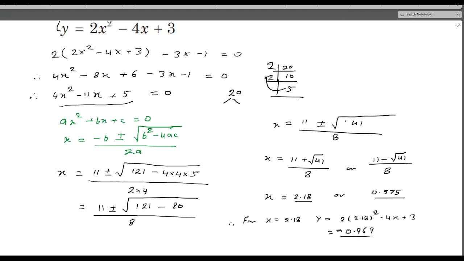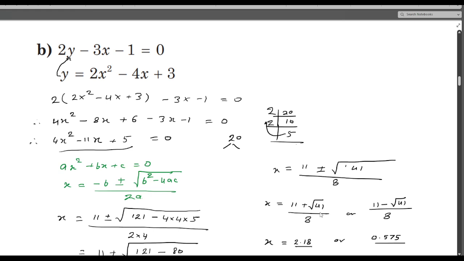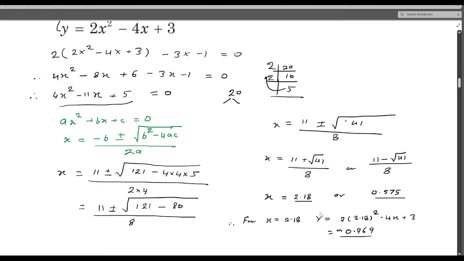So this is your one value of xy pair. It seems a little incorrect. Let us check again. y is 2x square. Okay, 2 times x square I need to do in my calculation. So no, this is not the correct answer.